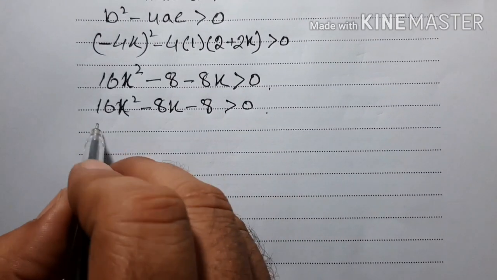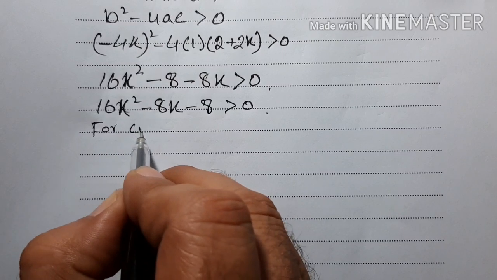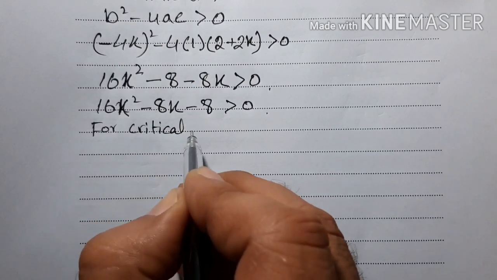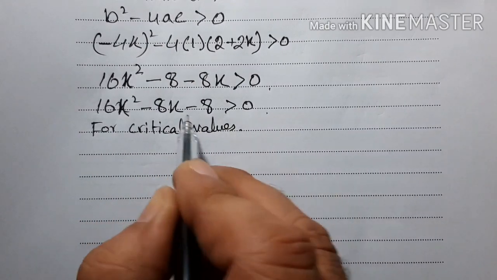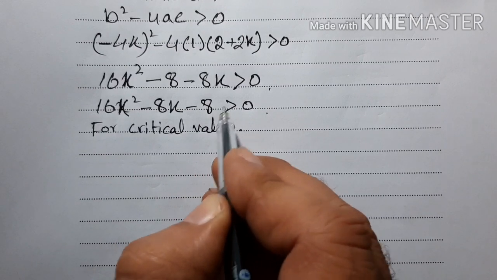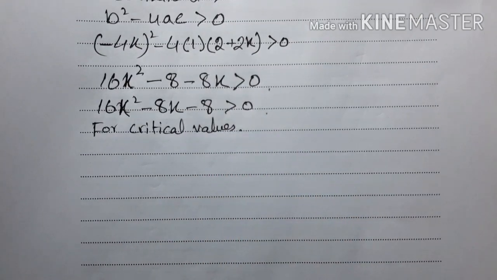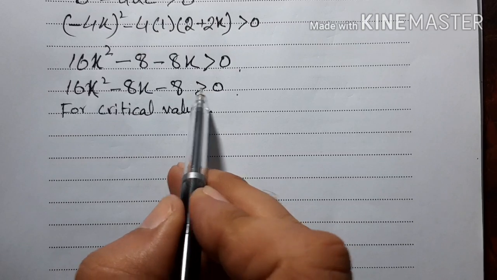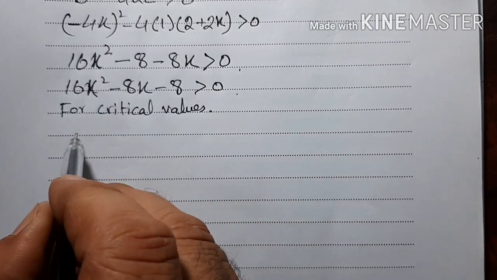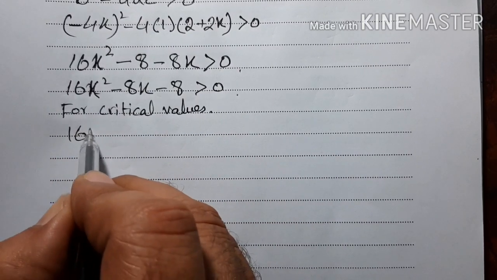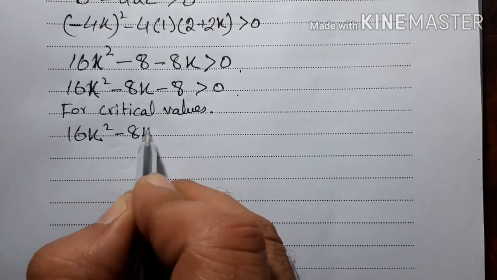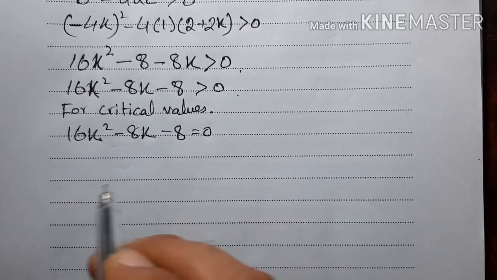Now I need critical values. So for critical values, I will just assume that there is equal. So for the moment I will assume there is equal. 16k square minus 8k minus 8 is equal to 0.